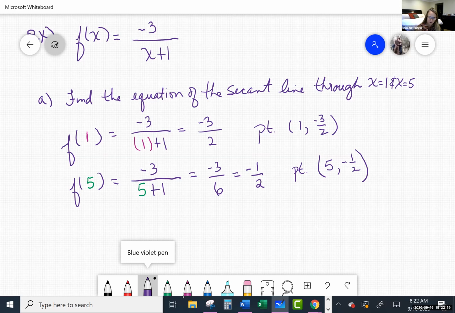So in order to find the equation of a line, we need a point. Now we have 2 of them, and we need a slope. We don't have the slope, but we can find the slope between 2 points.